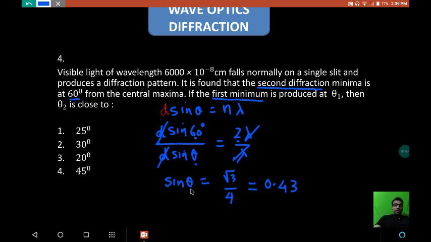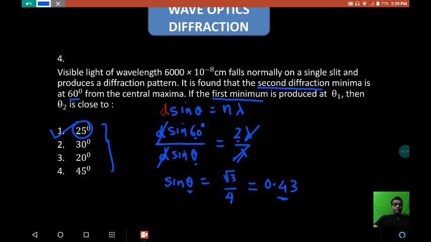So this angle should be less than 30 degrees. The value is 0.43 and sine 30 is 0.5. From these options, the nearest value below 30 degrees is 25. So here the answer is 25. So the first option is the correct option.